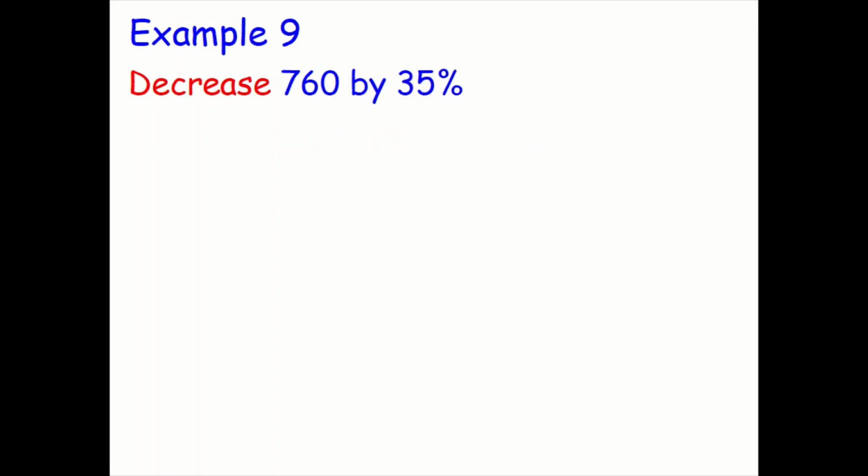Example 9, decrease 760 by 35%. So 760 multiplied by, well, what is left? If I do a decrease of 35%, that means I'm finding 65% of my original amount.